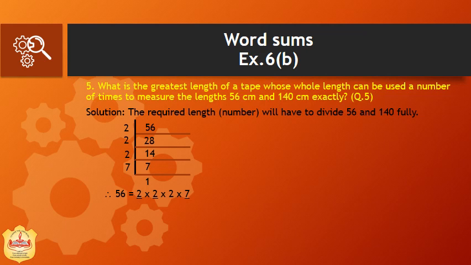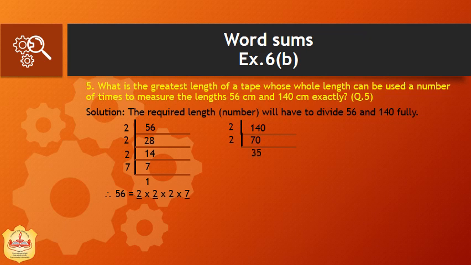Now let's come to the next number, which is 140. Again it is an even number, so it will be divided by 2, and when we divide 140 by 2, we get 70 as the quotient. Now again we will divide 70 by 2 because 70 is an even number. When we divide 70 by 2, we get 35 as quotient.